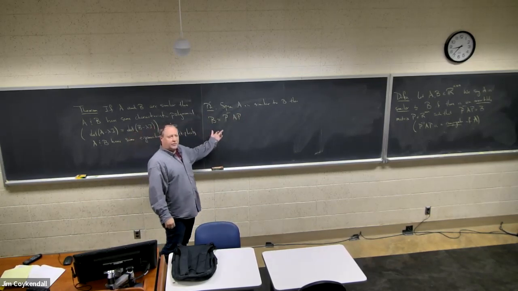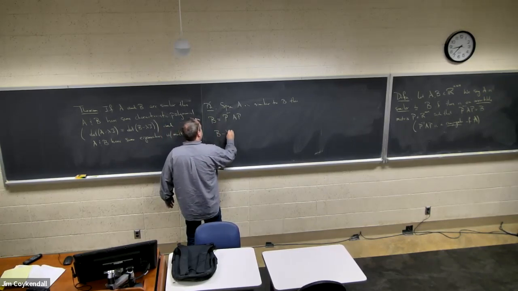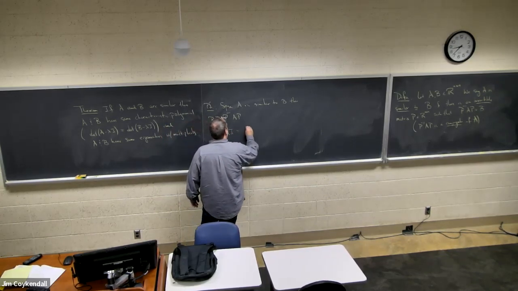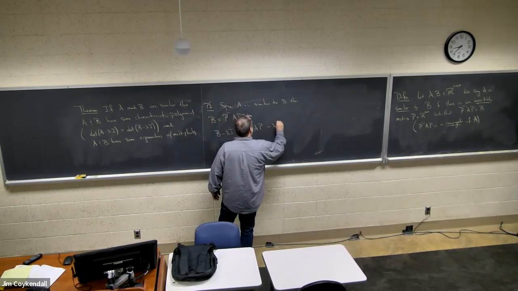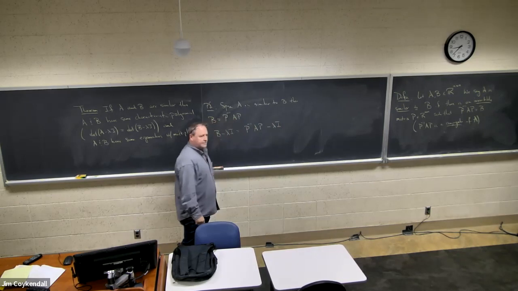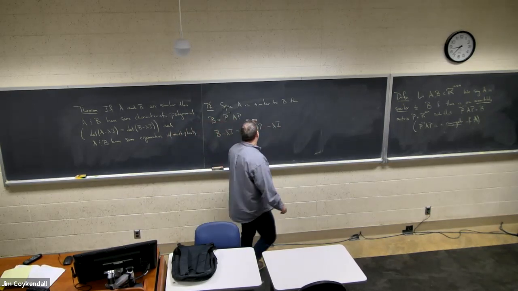So let's do the characteristic polynomial thing. B minus lambda I is P inverse A P minus lambda I. Okay, I need to massage this.